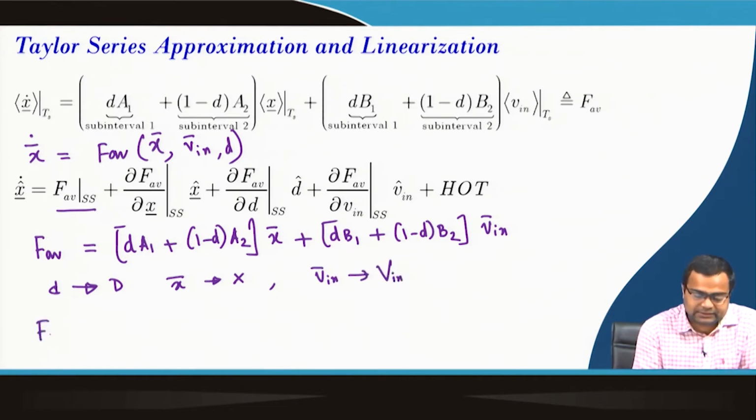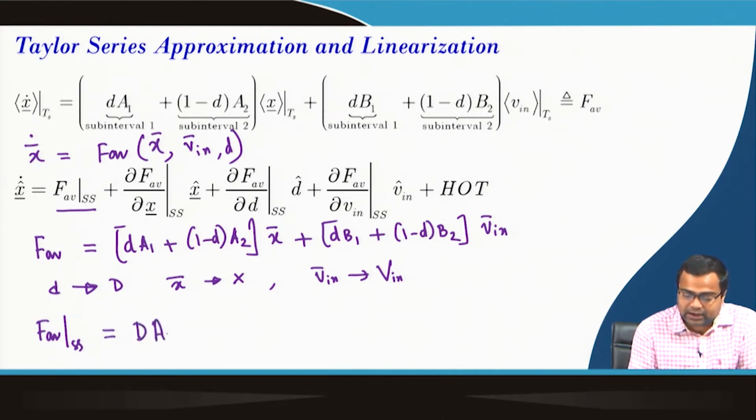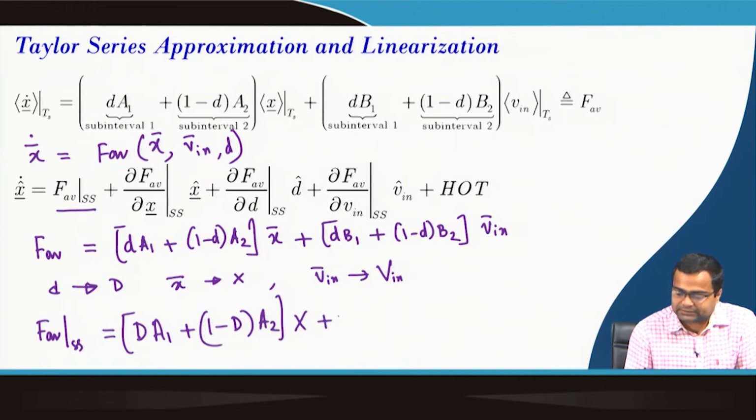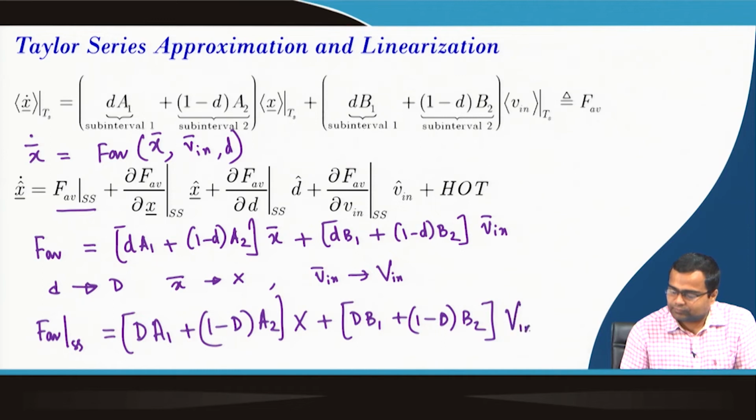That means F average under steady state should be equal to capital D A1 plus 1 minus D A2, times X, plus D B1 plus 1 minus D B2, times V in.